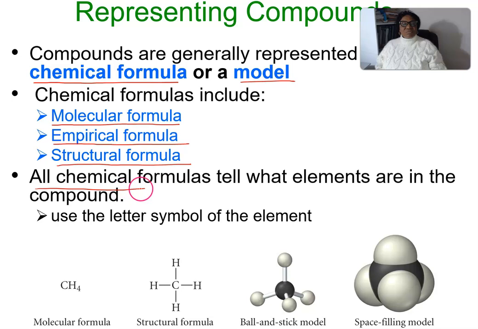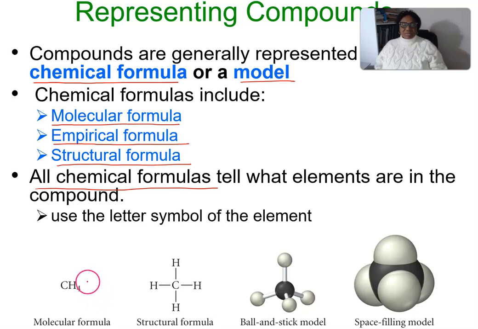All chemical formulas tell what elements are in the compound. They will at least tell you the elements which are in the compound. We use symbols of the elements to tell you what elements are in the compound. So let's look down here.